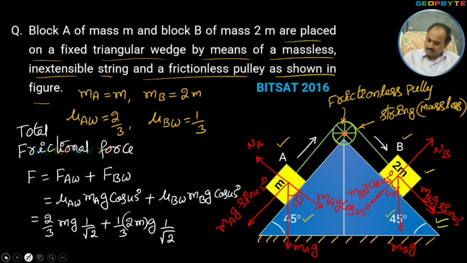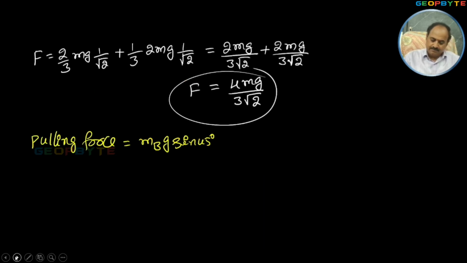The component of M_A g sin 45 is acting opposite, that's why it is minus M_A g sin 45 degrees.